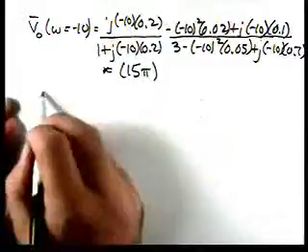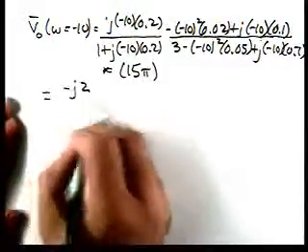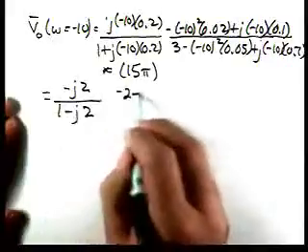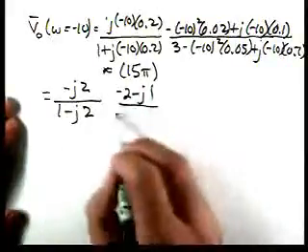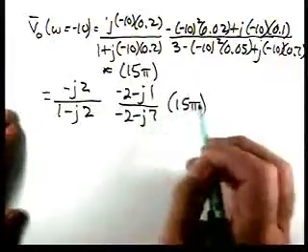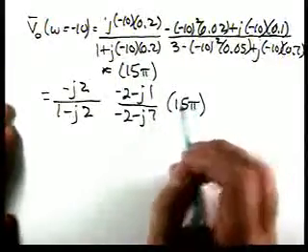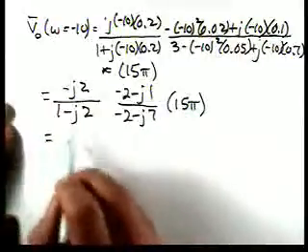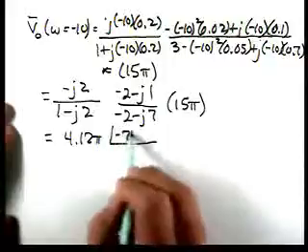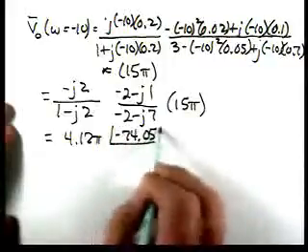So this reduces down to minus j2 over 1 minus j2, times minus 2 minus j1 over minus 2 minus j7, times 15 pi. And it turns out to be 4.12 pi at an angle of minus 74.05 degrees.